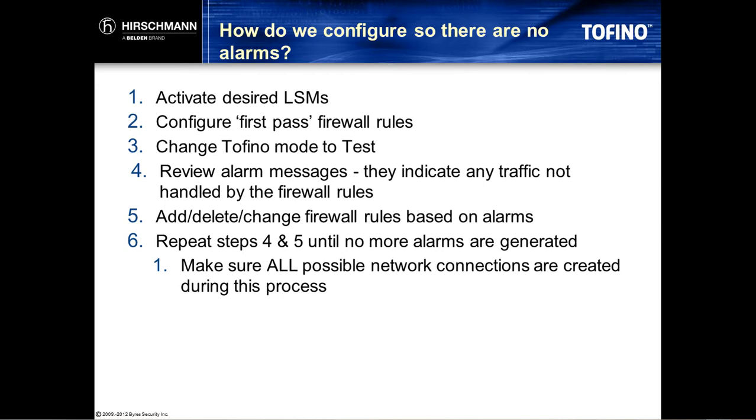Continue editing and testing your firewall rules and cycling your plant through any particular operating modes that it may be capable of, and make sure you get through all of that without any alarm messages. Once you're at that point, then you can be relatively confident that you're not going to be filling up your log messages with false alarms.